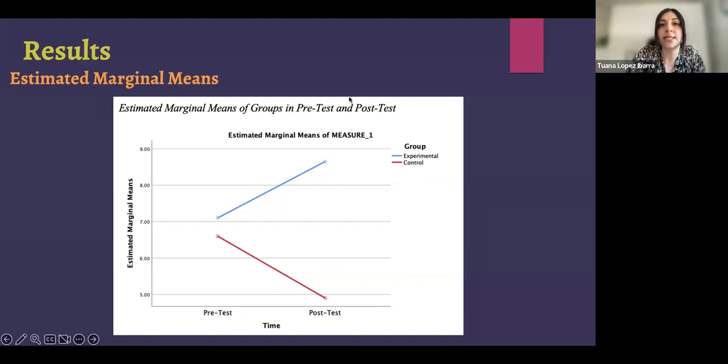So here we will talk about these results as well, like while the experimental group were going up high, the control group were decreasing as well. So we can see that these differences in the post-test were statistically significant, like statistically different from each other.